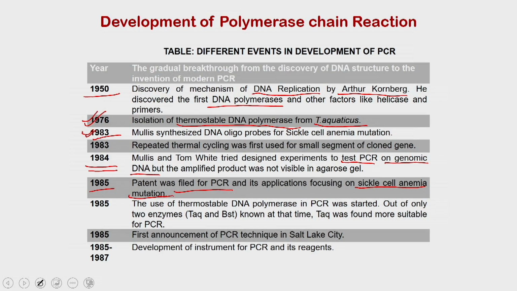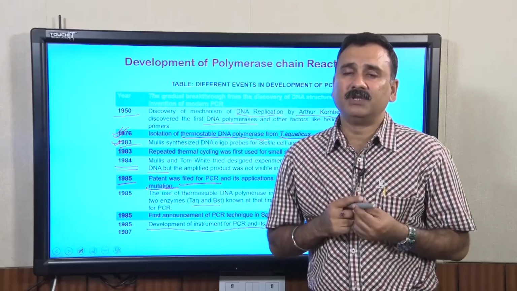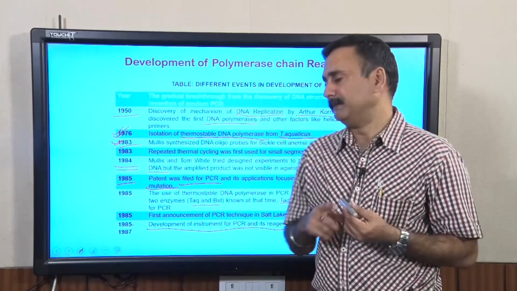Subsequently, PCR was developed completely, and now you always use the thermostable DNA polymerases or Taq DNA polymerases, which are more suitable for PCR reactions. And in 1987, the first instrument for performing PCR was developed, which is called the thermal cycler.